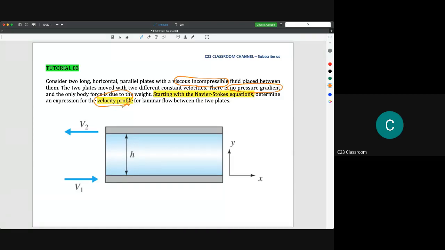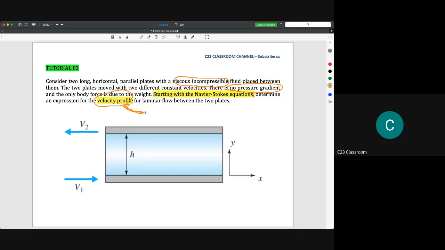Okay, so the question asks us to solve this problem by using the idea of Navier-Stokes equation, and the final product of this one is we need to write what is the velocity profile. So velocity profile means the equation for the velocity, for laminar flow between the two plates. Okay, I hope you could understand this one, because I think you already saw this kind of two plates, moving and fixed plate, in fluid mechanics 1 when you were discussing viscosity.